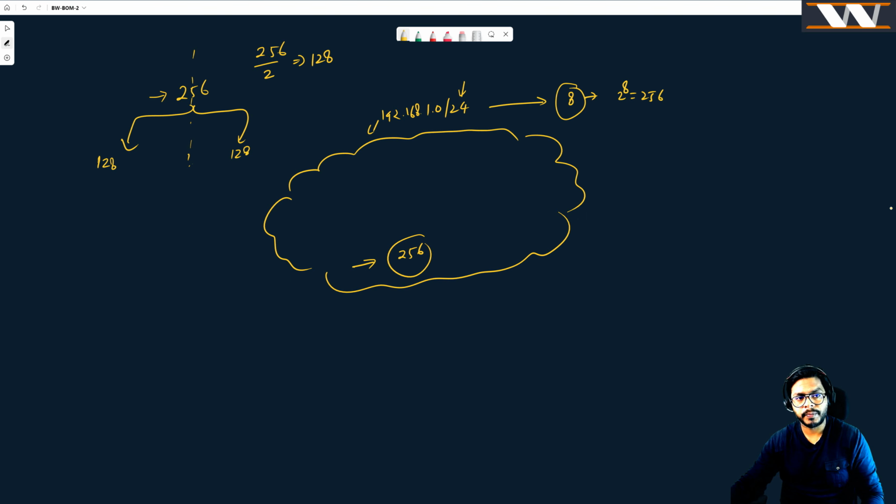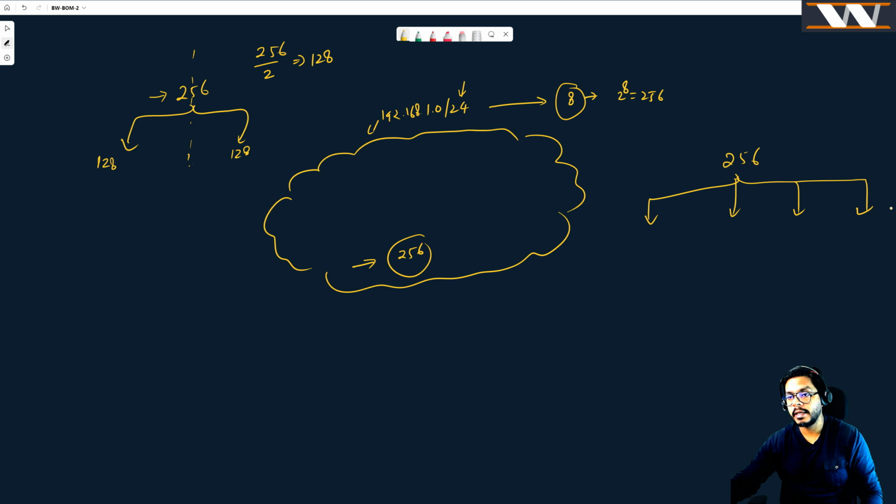And now what we are doing here is dividing this network, right? Suppose somebody comes to you and says, now I do not want to divide my network into two parts. I want to divide my network into four parts. You can easily calculate that.